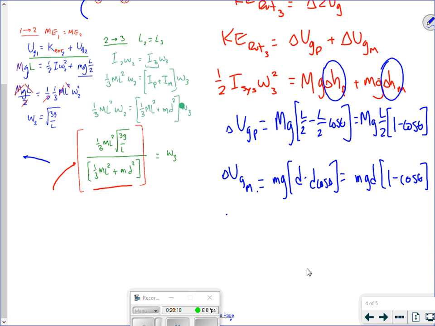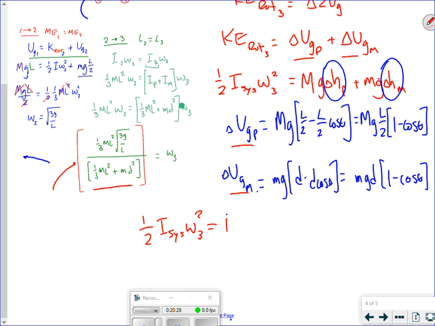So then you can say that our 1/2 I system omega 3 squared is, well, these two delta U's added up.